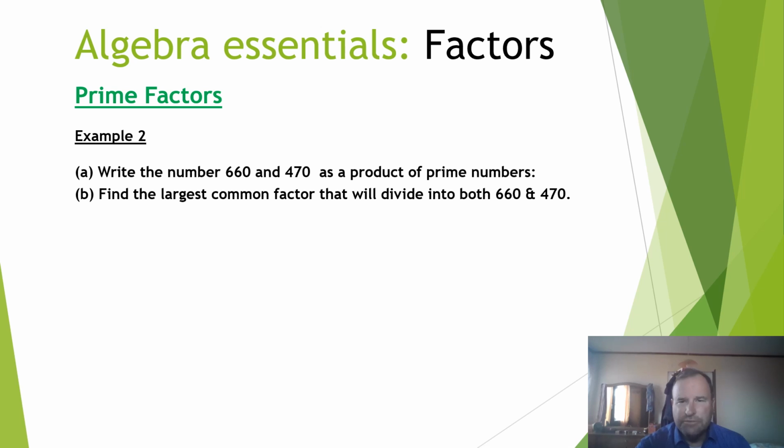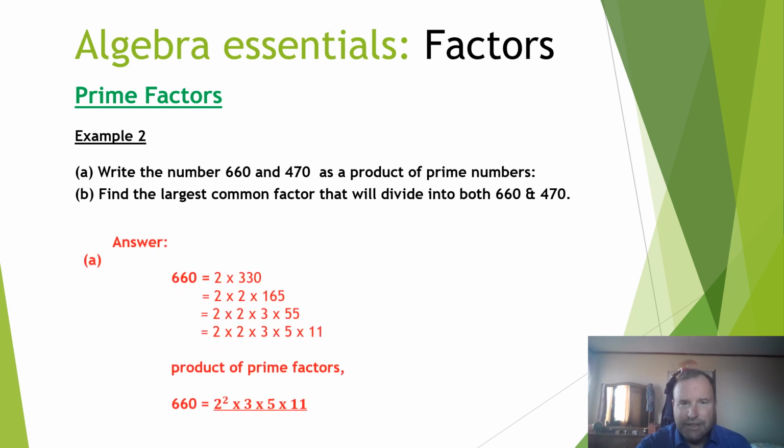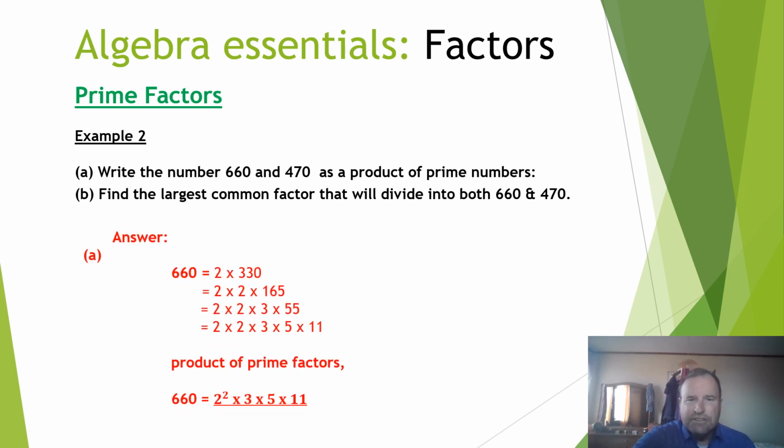So example 2 we've got here: write the numbers 660 and 470 as a product of prime numbers. And the second part of the example says, find the largest common factor that will divide both 660 and 470. Here is the answer. Let's have a go. So we've got 660 first, 2 times 330, yep.